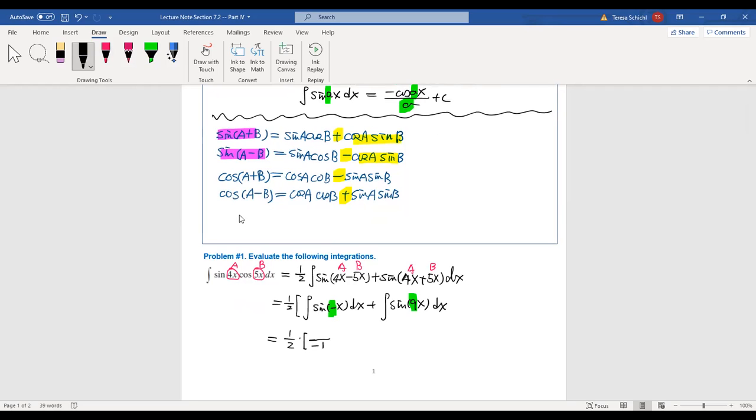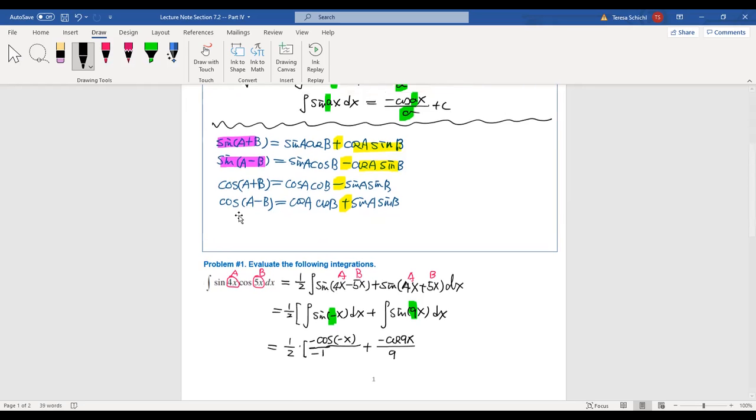Then the sign will be negative cosine x, right? So it's a negative cosine. Then plus, the sign here, and this one will be 9, and what is here is negative cosine 9x.